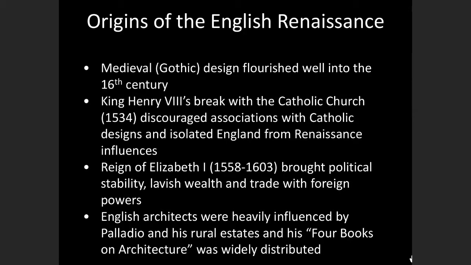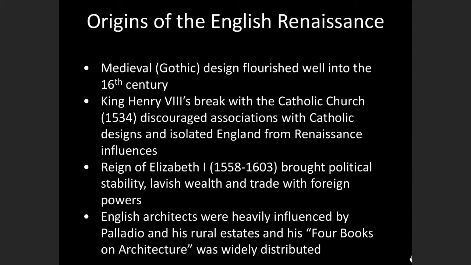Well, first, it starts late in part because we still see medieval and Gothic design well into the 16th century, well into the 1500s. Henry VIII, famous for all his wives and so forth, famously breaks from the Catholic Church in 1534 so that he can divorce his first wife, Catherine of Aragon, and marry Anne Boleyn. And he couldn't get an annulment from the church, and so he says, well, fine, I'll start my own church.